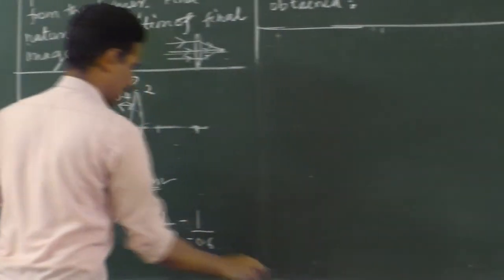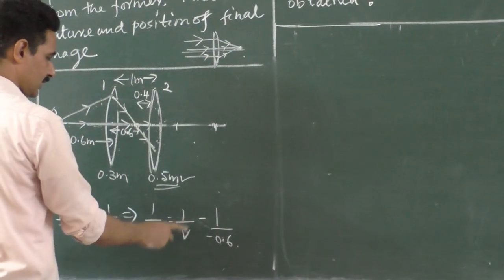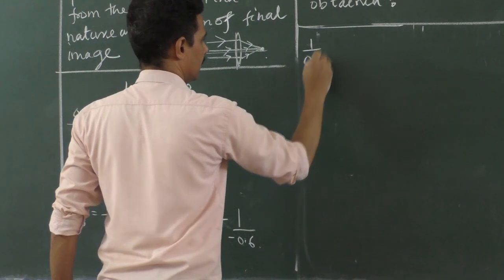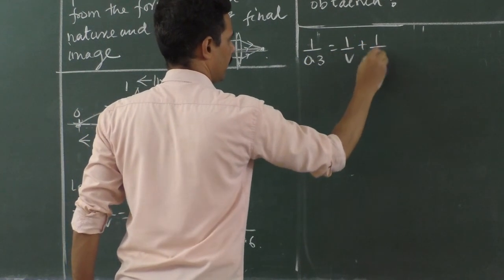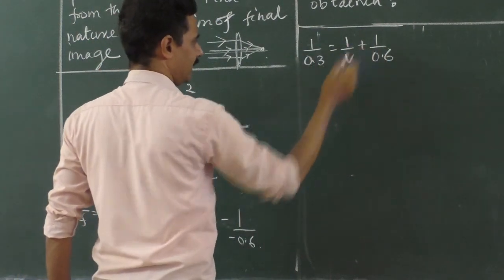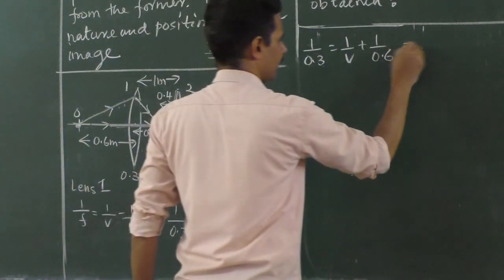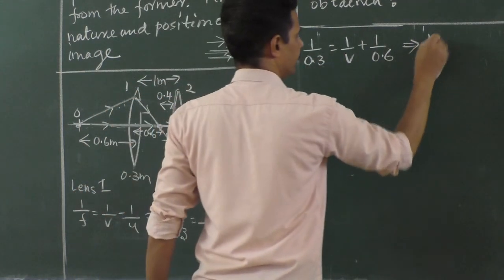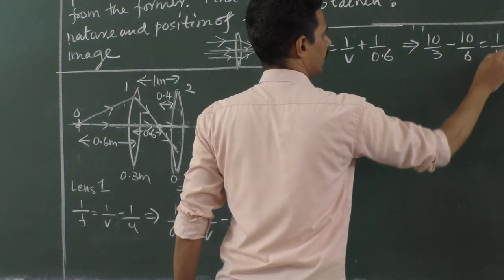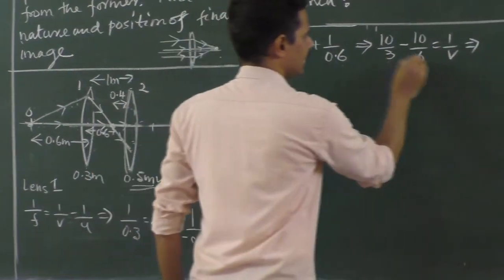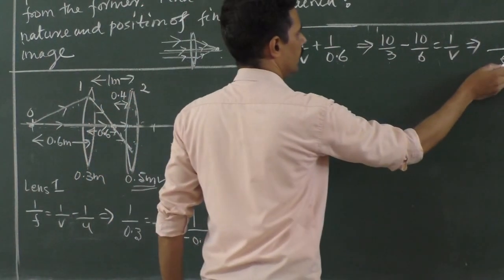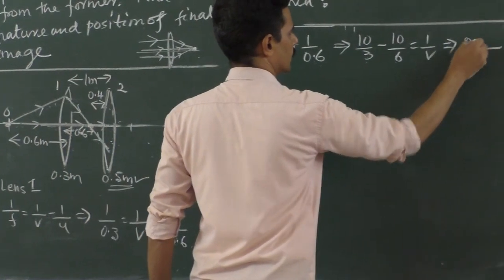Okay, so we will write it later. 1 by 0.3 is equal to 1 by v plus 1 by 0.6. Bring this here. So shall I multiply and divide by 10? I don't like these fractions. I want whole numbers. 10 by 3 minus 10 by 6 is equal to 1 by v. That implies 6 is common denominator, and 3 2s are 2, 10.